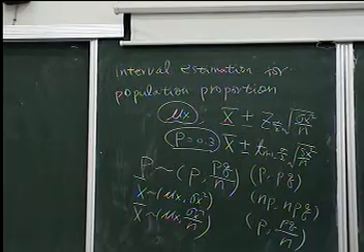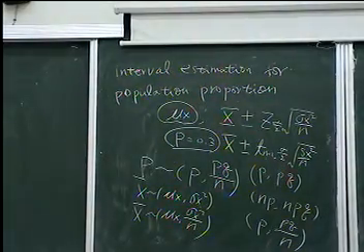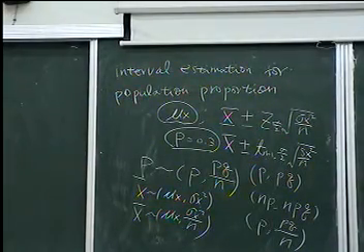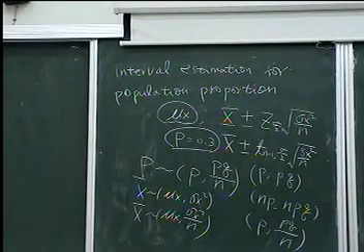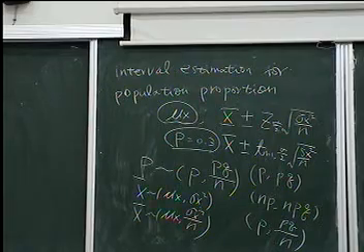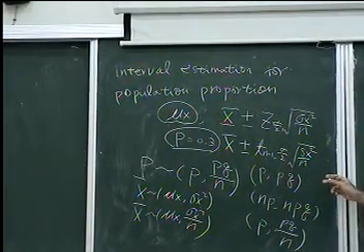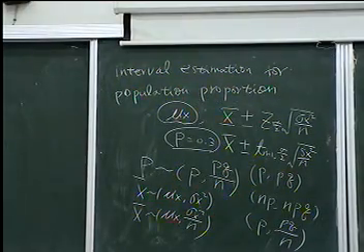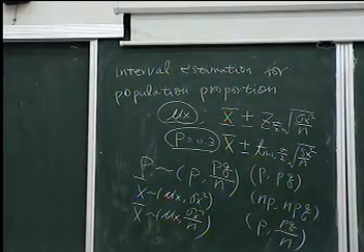Then for p, we say p prime, the sample proportion, plus minus z alpha over 2 times the square root of pq over n. So basically, the formula is the same. The difference is that because we are dealing with proportion, the variance is different. But all the other things are the same.